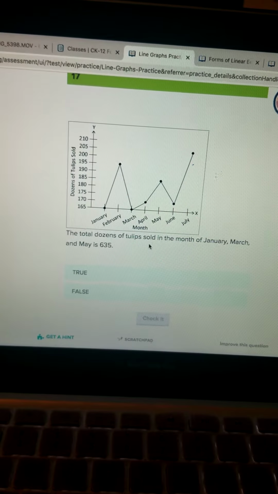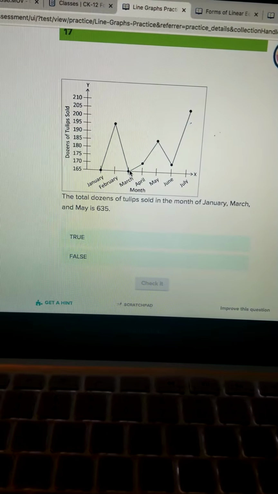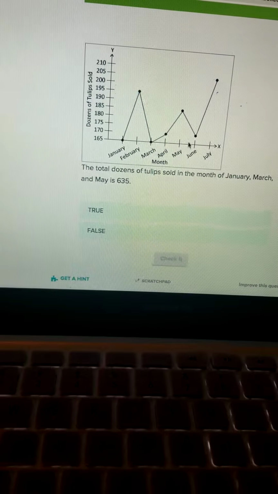Okay. The total dozens of tulips sold in the month of January, March, and May is 625. January, 165. March, 165. And May, we said was 185.